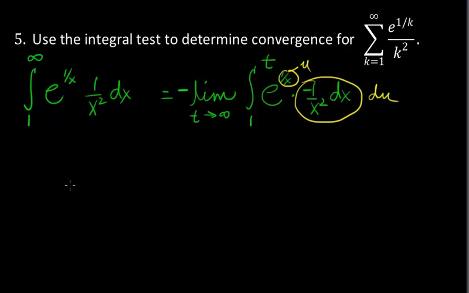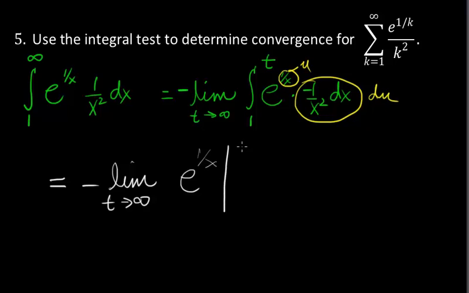Let me go to white here. You can see it better. So we have minus the limit as t approaches infinity of the integral of e to the u du. The integral is e to the u. So it is e to the 1 over x evaluated between t and 1.